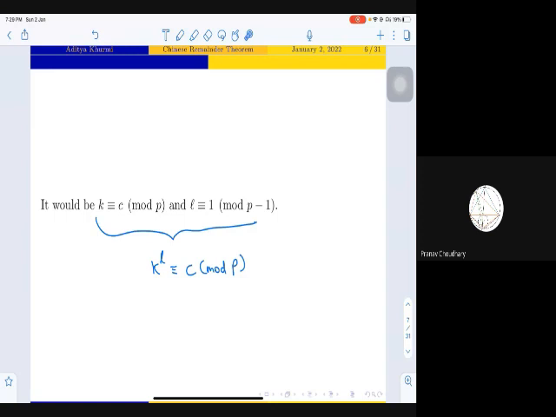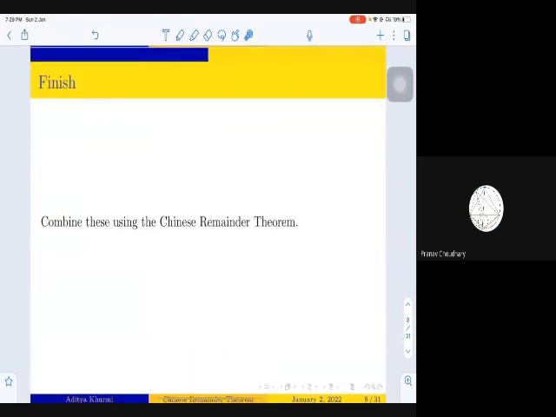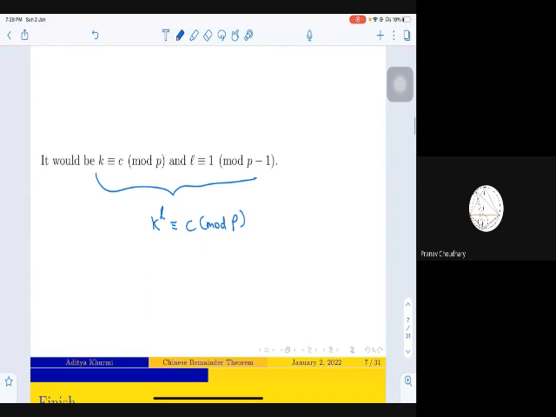Now let's move back to our original problem. Over there we had x raised to x is congruent to c mod p. So we basically want to set k and l to be equal. So now we can finish and combine these using the Chinese remainder theorem. We want to find some x such that x is equal to k as well as x is equal to l, in the sense that x is congruent to c mod p and x is congruent to 1 mod p minus 1.